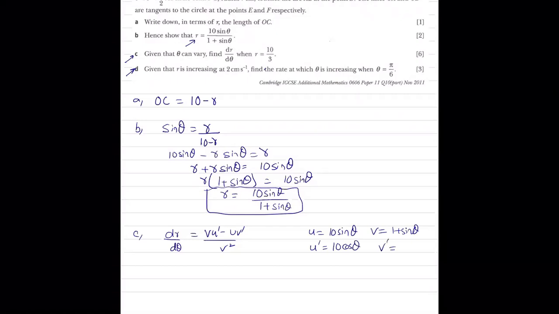Differentiation of v is going to be 1 plus, differentiation of 1 is 0, differentiation of sine theta is cos theta. So vu prime minus uv prime over v squared.